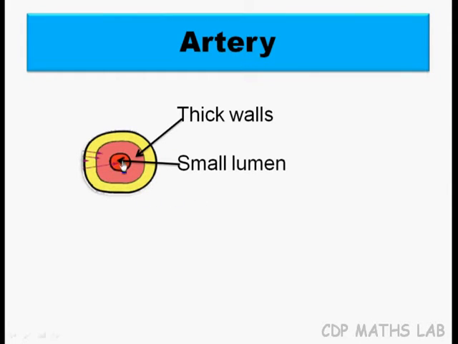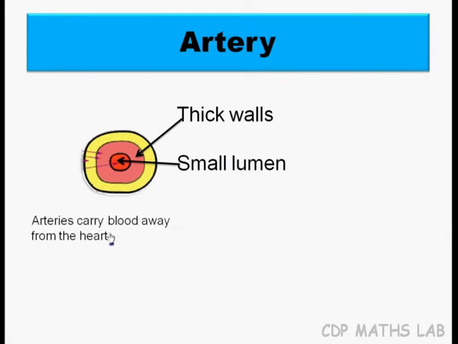And I want you to understand that the smaller the area or the space through which the blood must pass, that will help to increase what? Pressure. All right, so the smaller the area is the greater the pressure, the larger the area is the lesser the pressure. Now, arteries carry what?